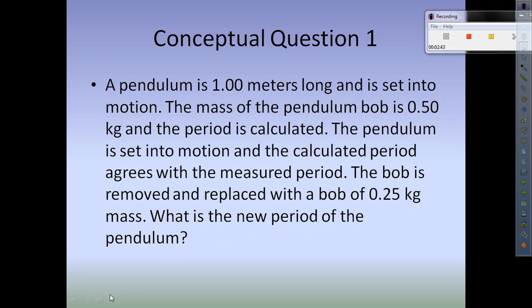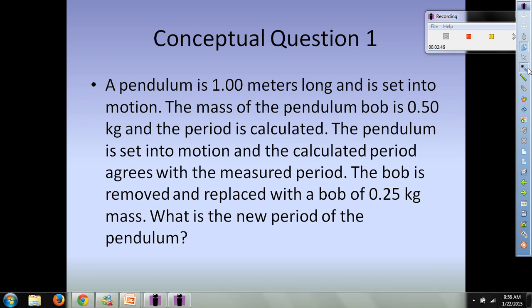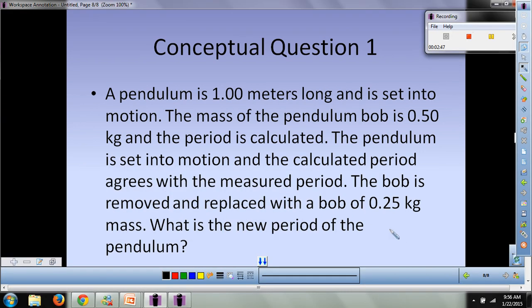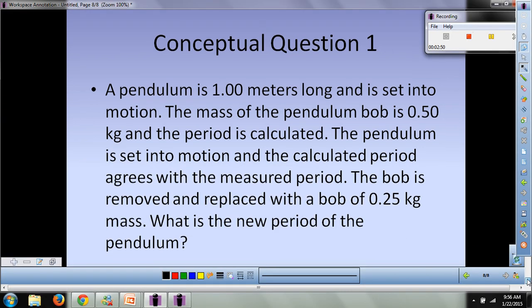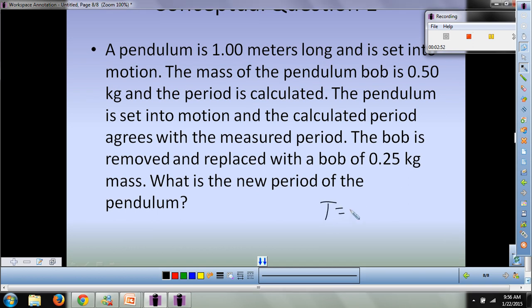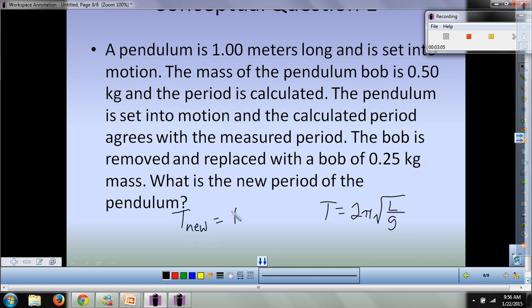So what I know is that my period is equal to 2 pi times the square root of L over g. Nowhere in there does it mention the need to have the mass of the bob, so the period's not going to change. So my new period will equal the period that was calculated and measured.